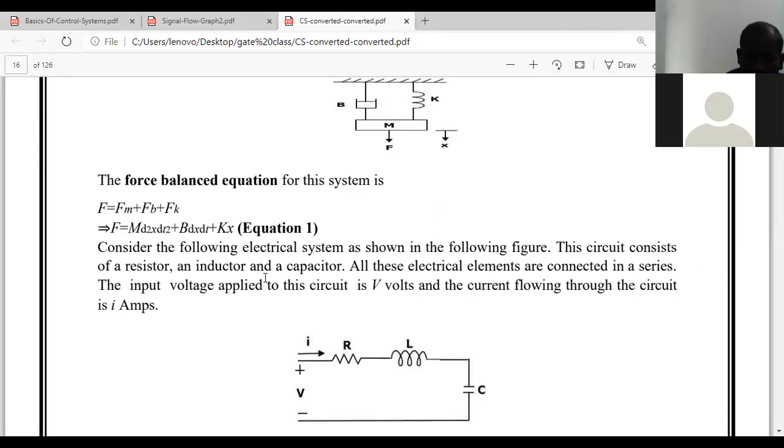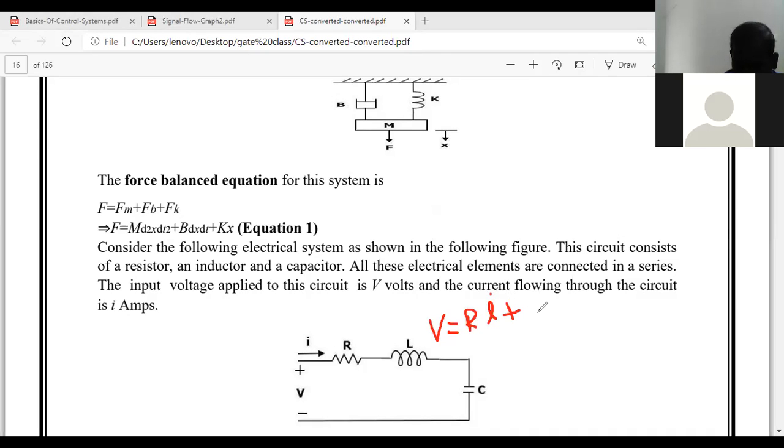Here you see the system. Just now I have drawn the diagram. Now you can write the equation for this one. With this we will wind up. What is the equation? V is equal to R into I, the voltage across the resistor, right?